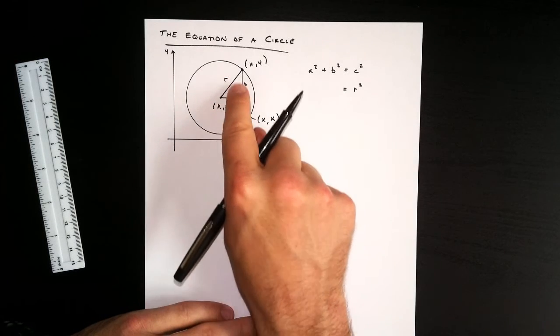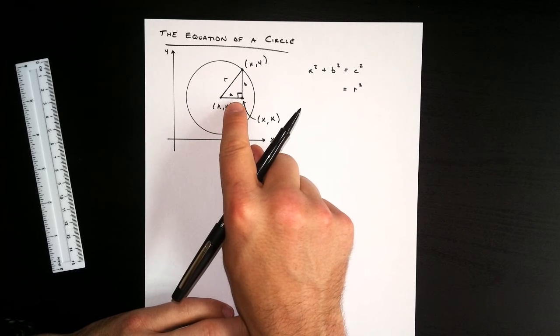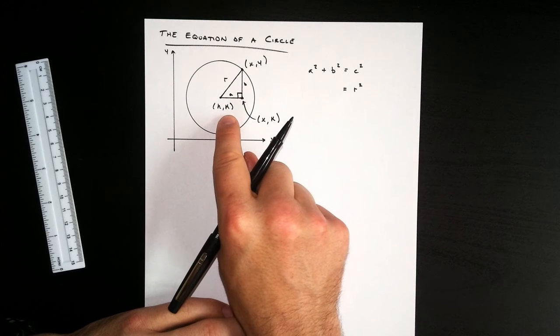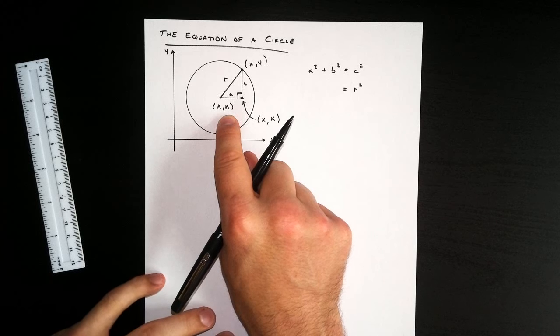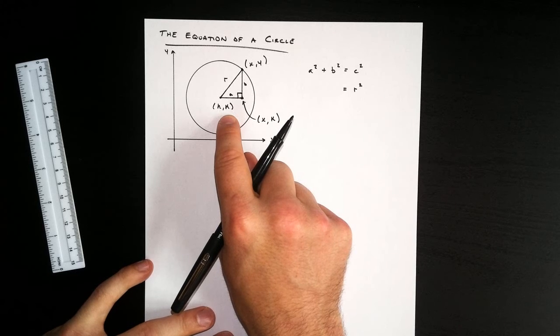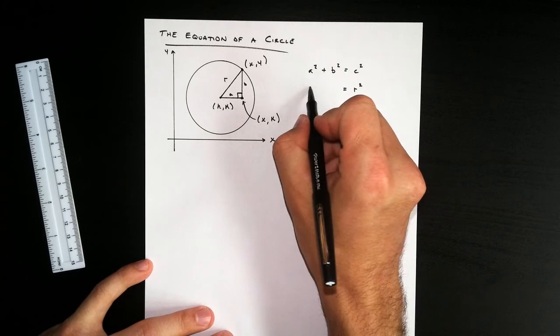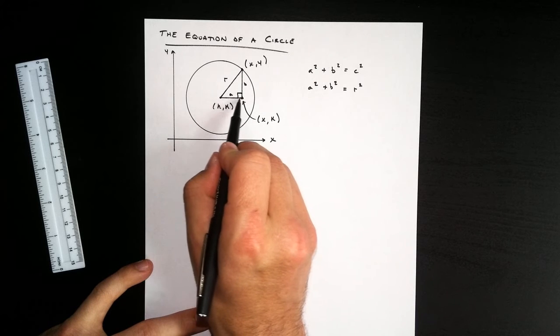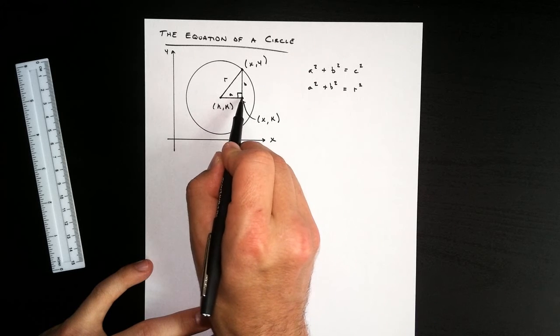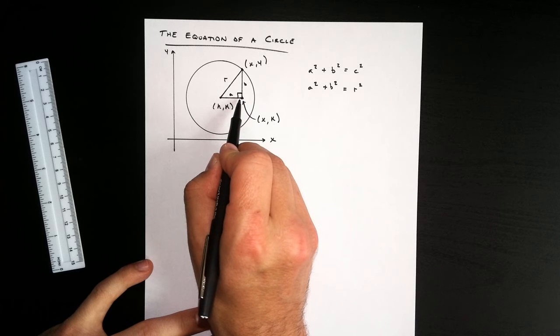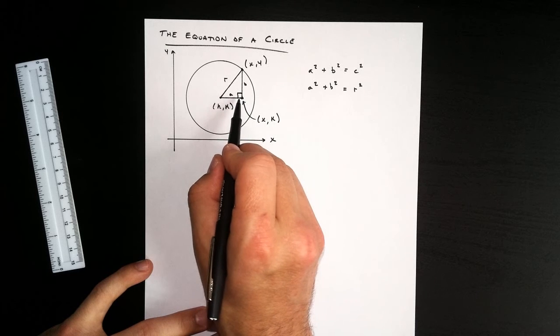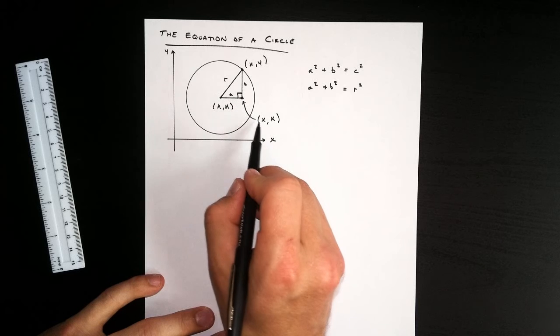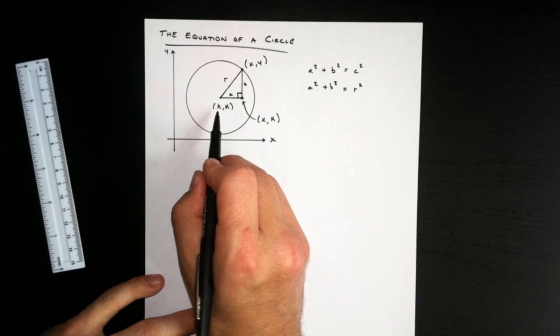Now whenever we're looking at a horizontal or vertical distance in the coordinate plane, we can define that with the difference of the values. So for example, if I want to find the length of this segment, because it's horizontal, the length of this is just going to be the difference of the two x coordinates.